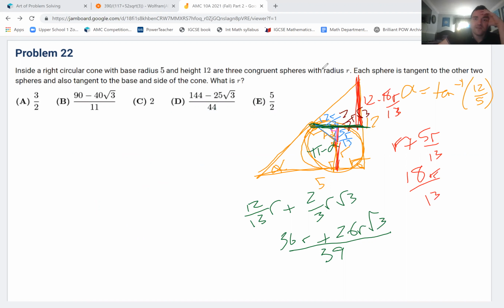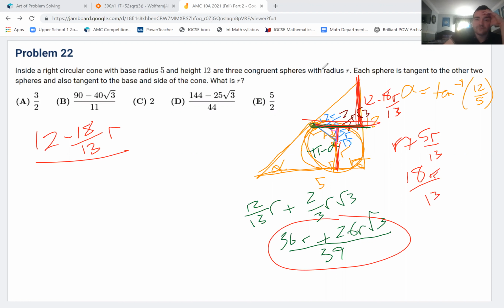So the red distance is 12 minus 18/13 r, over the green distance, (36r plus 26r root 3) over 39, equals 12, the whole height, divided by 5, the base, which equals 12 over 5.